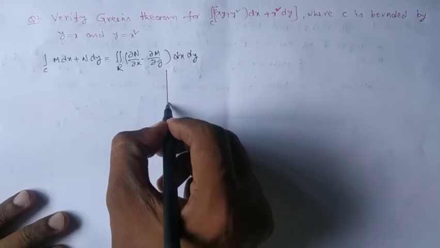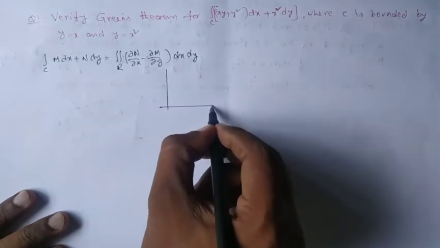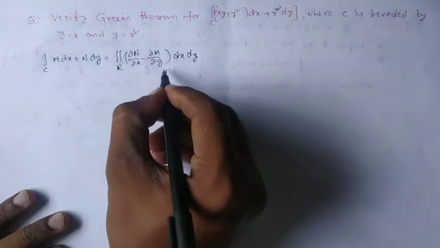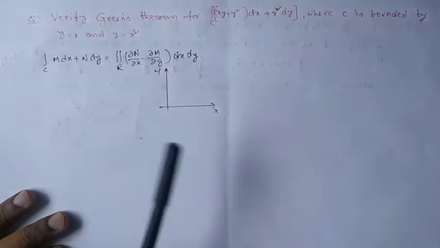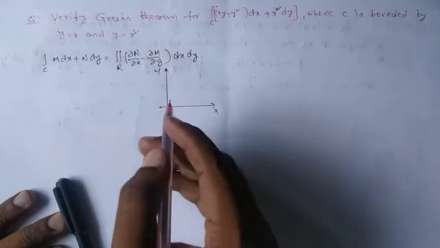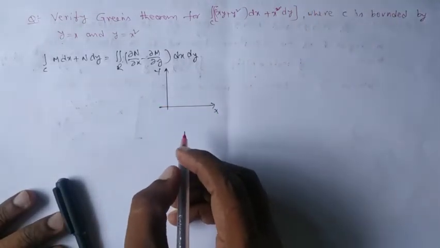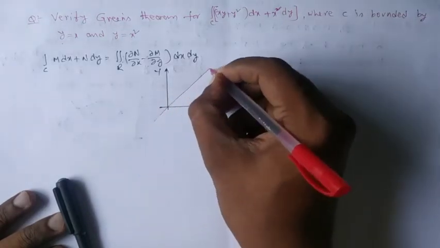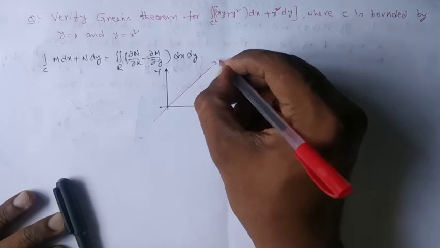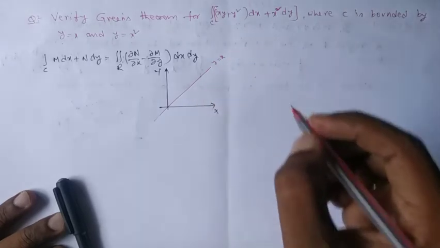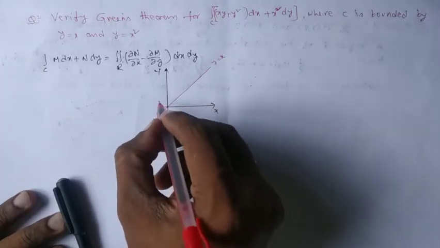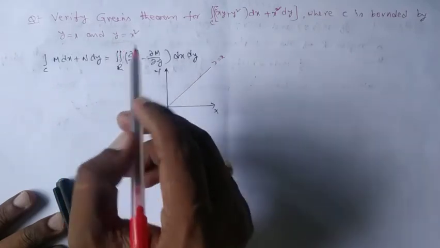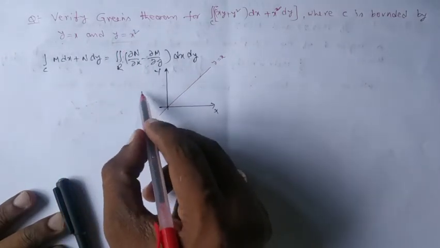I take the x-axis and the y-axis initially. The curves are y equal to x square and y equal to x. The line y equal to x is a straight line passing through the origin, and y equal to x square is a parabola symmetric about the y axis.